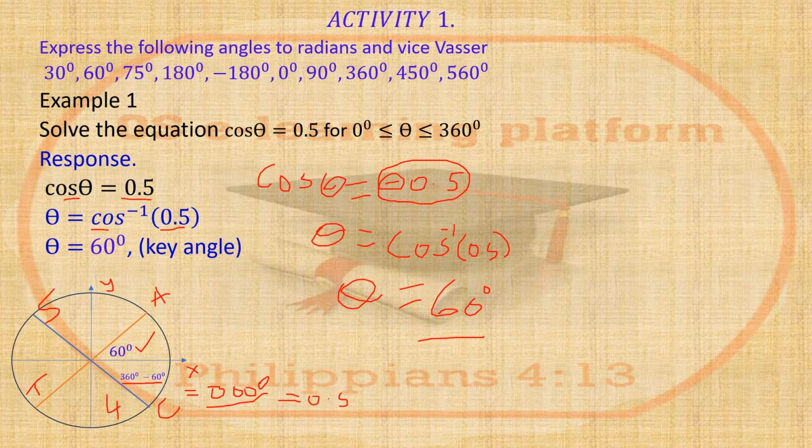Two, we consider the key angle however much what you are taking the cos inverse, tan inverse, or sine inverse of is originally a negative, on a condition that the range given includes negative angles.